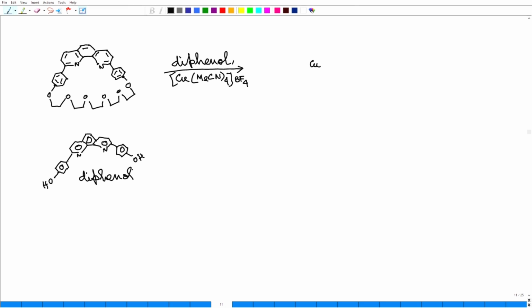I use this diphenol and the macrocycle along with copper MeCN. So you get, now I am going to make a cartoon. We do not have time to write so much and you understand now. So this is a dihydroxy and this one is that macrocycle. Followed? All right.